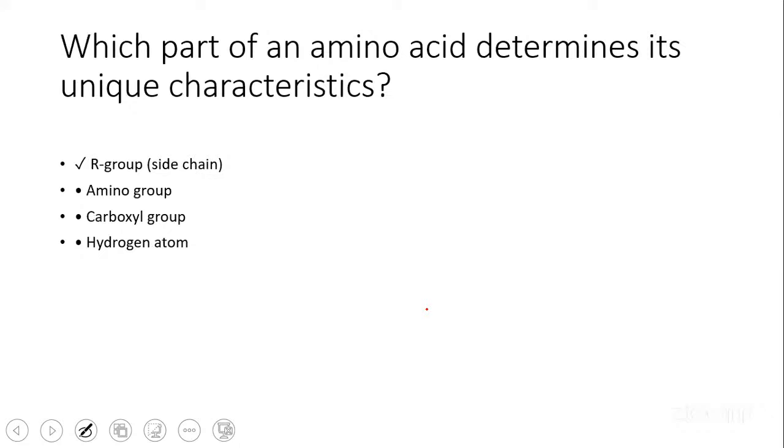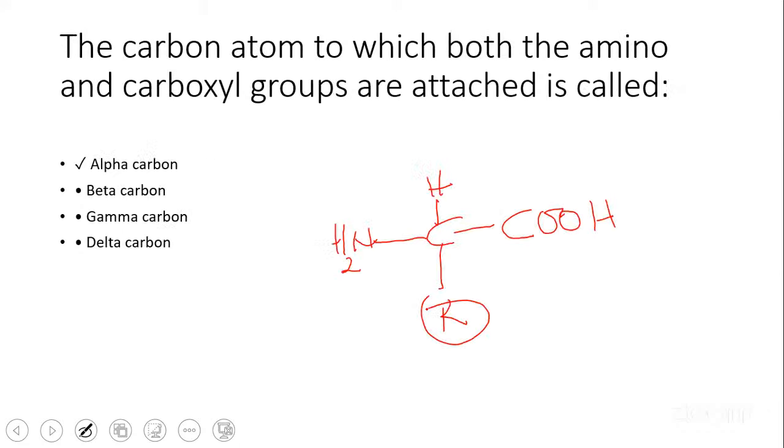Now, which part of an amino acid determines its unique characteristics? It is the R group. This group here is the R group. The R group determines the character.